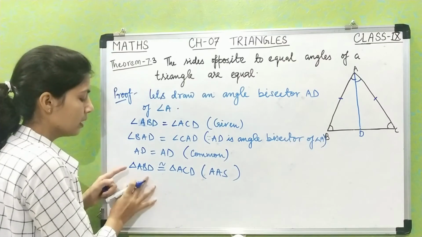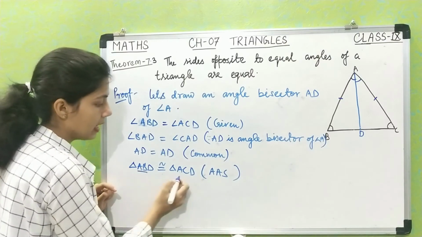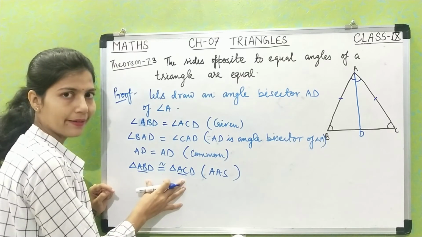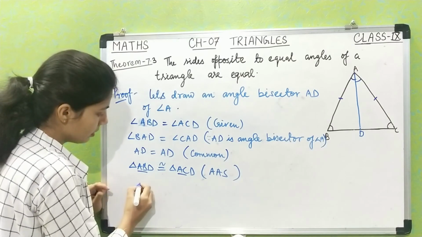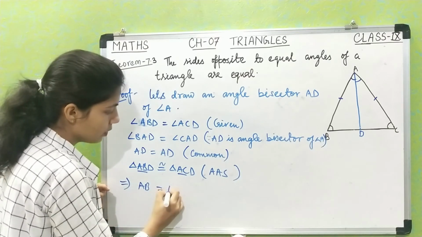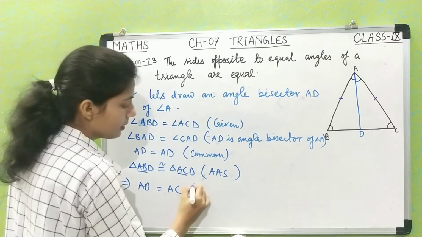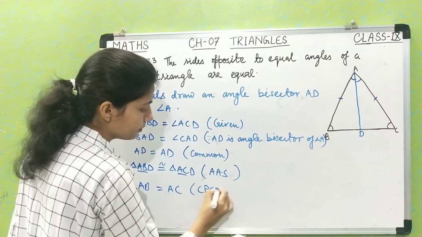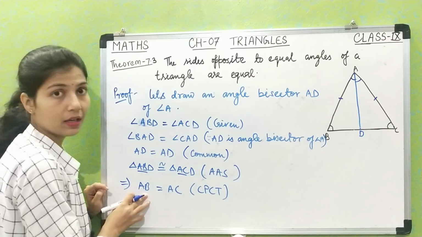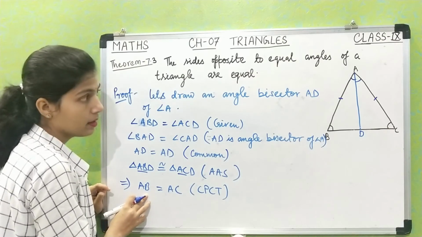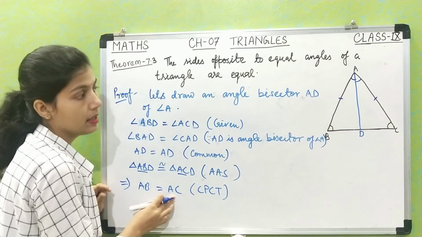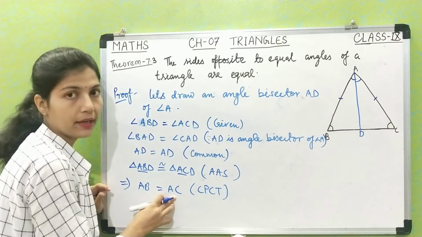Now since AB and AC are the corresponding parts of these two congruent triangles, they will be equal. So here AB is equal to AC. Why? By CPCT, because AB is a corresponding part of triangle ABD and AC is the corresponding part of triangle ACD.